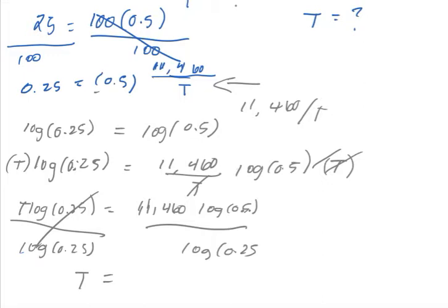11,460 times the log of 0.5. That will give me a number, and then I'm going to divide that by log of 0.25. And I will come up with 5,730 years.